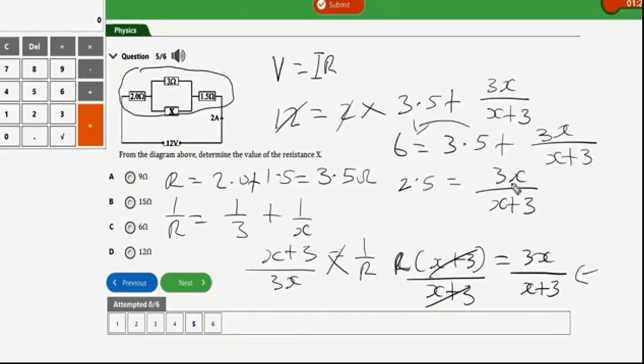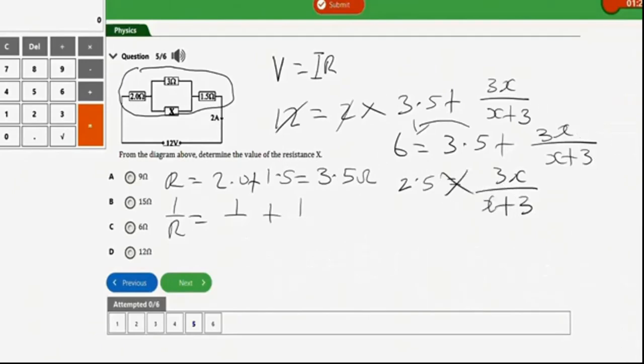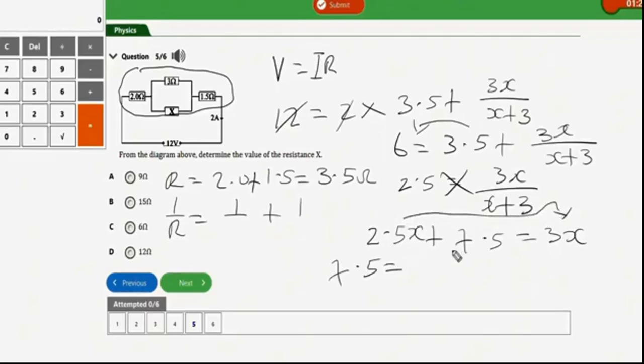Remember, we're looking for the value of x. So you can now cross multiply. Let's wipe some part and complete this solution. Alright, so we're going to have 2.5 times x, we have 2.5x plus 2.5 times 3, we have 7.5 equals 3x. Okay, now you collect like terms, you're going to have 7.5 equals, this will cross over this equality sign to this place, and become negative.